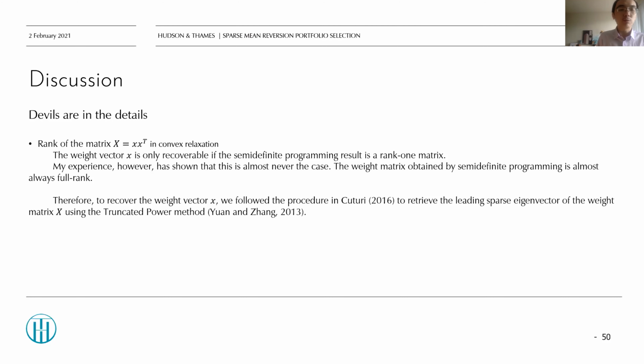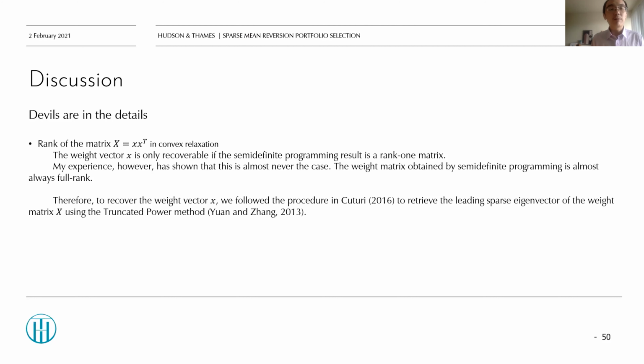Usually the matrix X is full rank. So if you do an eigenvalue decomposition, you will get n eigenvalues, depending on how large your investing universe is. In order to recover the weight vector, we follow the procedure in a follow-up paper of the d'Aspremont paper, and we retrieve the leading sparse eigenvector of the weight matrix X using the truncated power method.